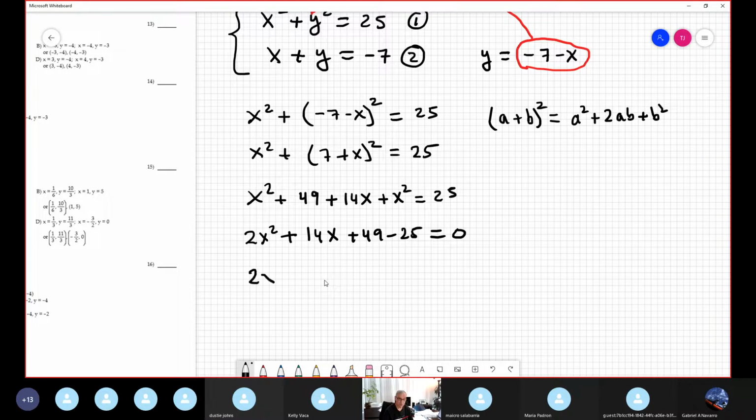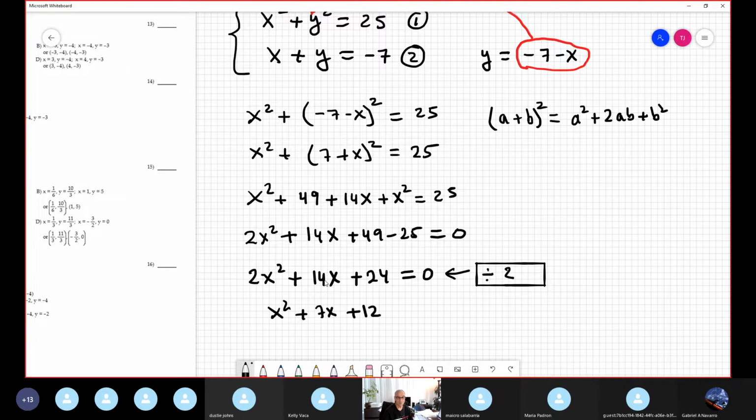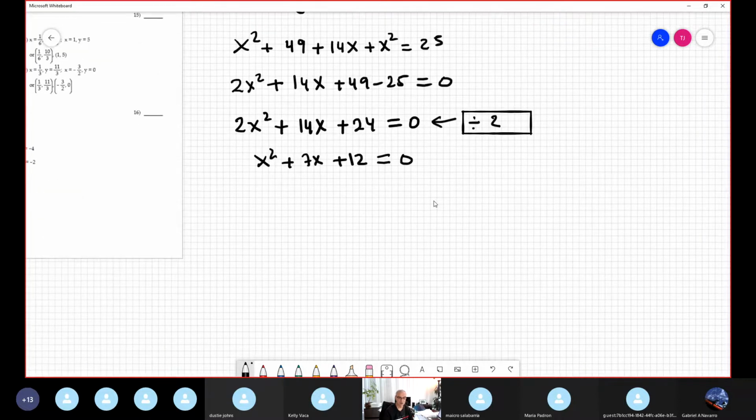So we have 2x squared plus 14x plus 24 equal to 0. Every coefficient, 2, 14, and 24, is divisible by 2, so you divide the entire equation by 2. This is x squared plus 7x plus 12, and 0 divided by 2 is 0. This equation is equivalent to the original, and it's super nice because I am solving by factorization. It's easy by factorization.